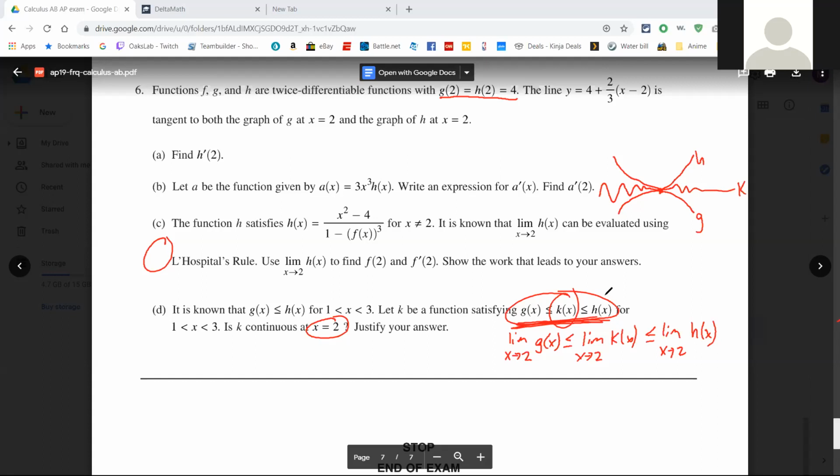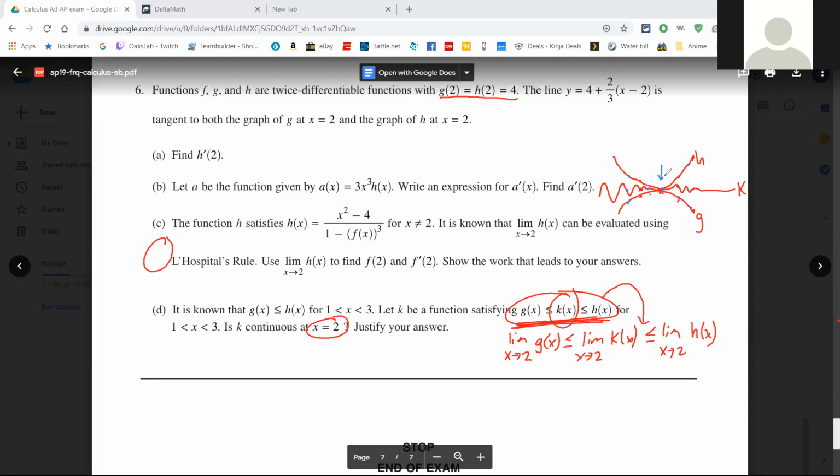So if this is true, this has to be true. The limit of k should be somewhere in between h and g. This is somewhere between h and g, and so forth. No matter what you pick, k will be somewhere between h and g or exactly the same, which happens here. All right, that's what I'm saying.